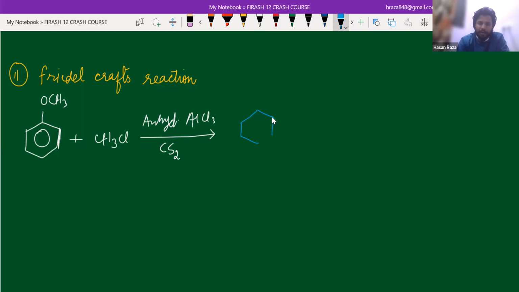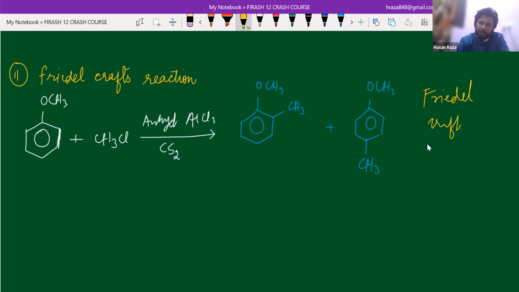So this is your ortho position, OCH3, and this is your para position, OCH3, and you know which one is more stable or major product: it is basically para. This is specifically Friedel-Crafts alkylation because an alkyl group is added.